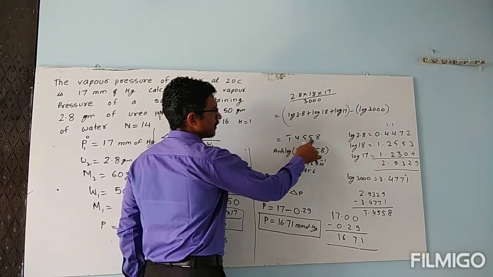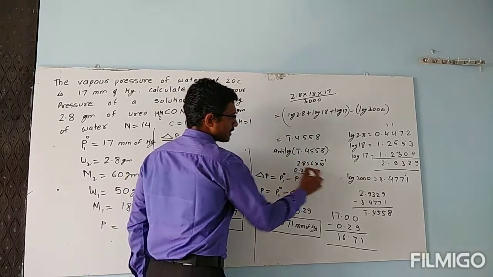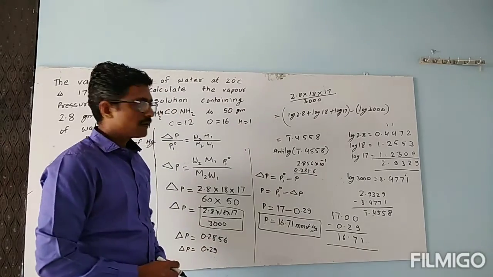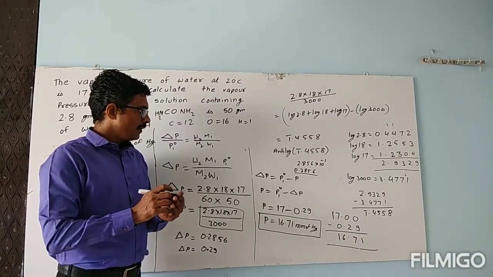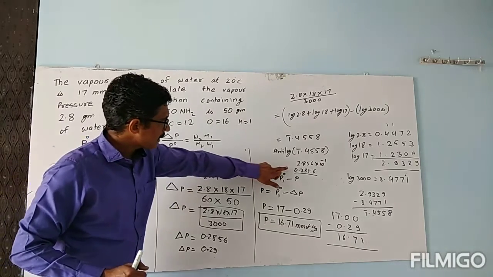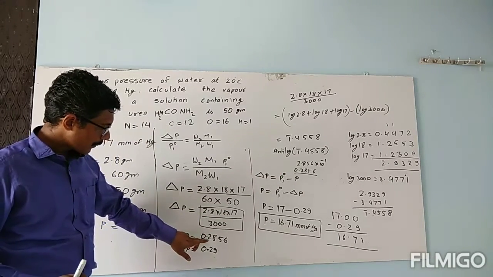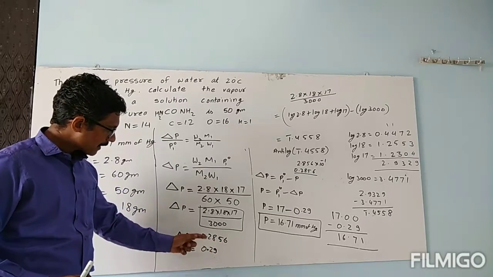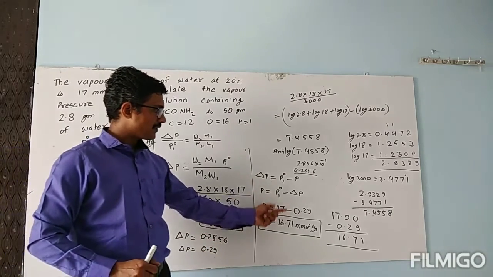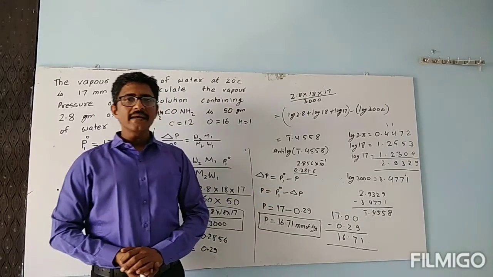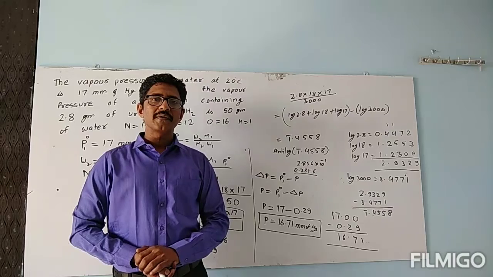Take the antilog of that and you will get this value. After getting that value, here I wrote 0.2856. Then I made the round figure 0.29. Then we calculated. So children, practice these questions, even other similar questions given in your textbook.